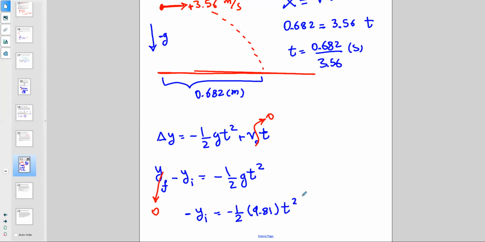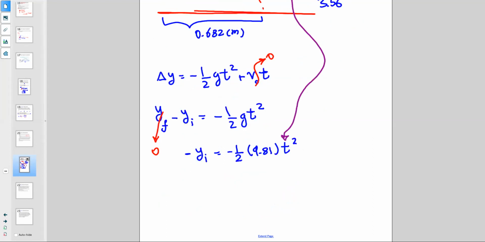And that is the t that I am dealing with. So t squared, and I am just going to use this t and bring it down here. Okay, so this negative and this negative will cancel out.